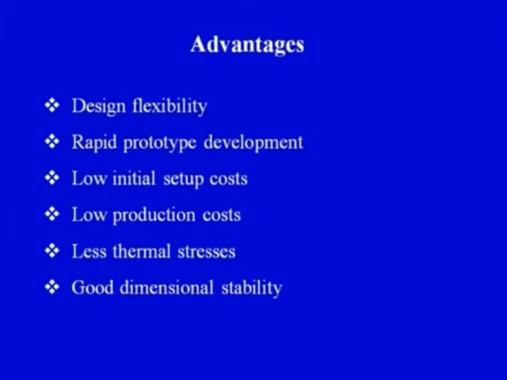Now, what can be the advantages of the thermoforming process? You can see on your screen, first important advantage is the design flexibility. So, we can get different types of designs by modifying the shape of the mold, and we can have different thicknesses, and we can have different types of materials which can be used.